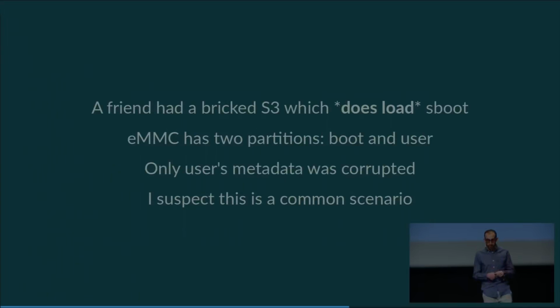What I understood happened is that only the user partition metadata got corrupted, so the boot partition is still intact. I suspect this is a common scenario, because when you write to your device, you usually don't write to the boot partition, you write to the user partition. So if something is about to get corrupted, it probably will be in the user partition.